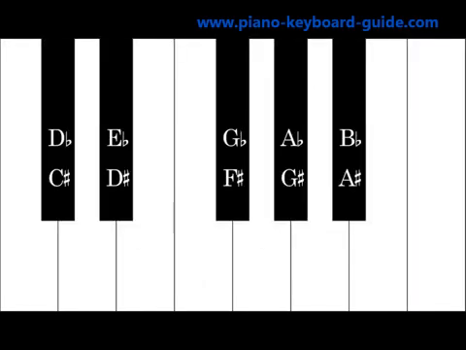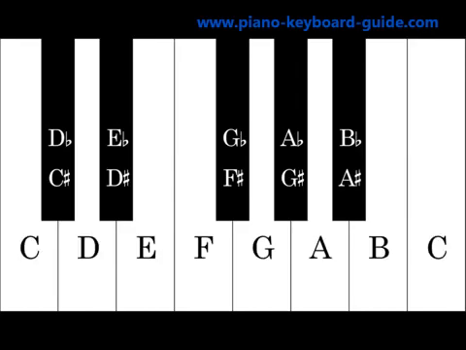Just like the white keys, the black keys are named after the first 7 letters of the alphabet, except for one thing. These black keys can be either sharp or flat. For example, the key to the left of D can be called D flat, but since it is to the right of C, it can also be called C sharp.